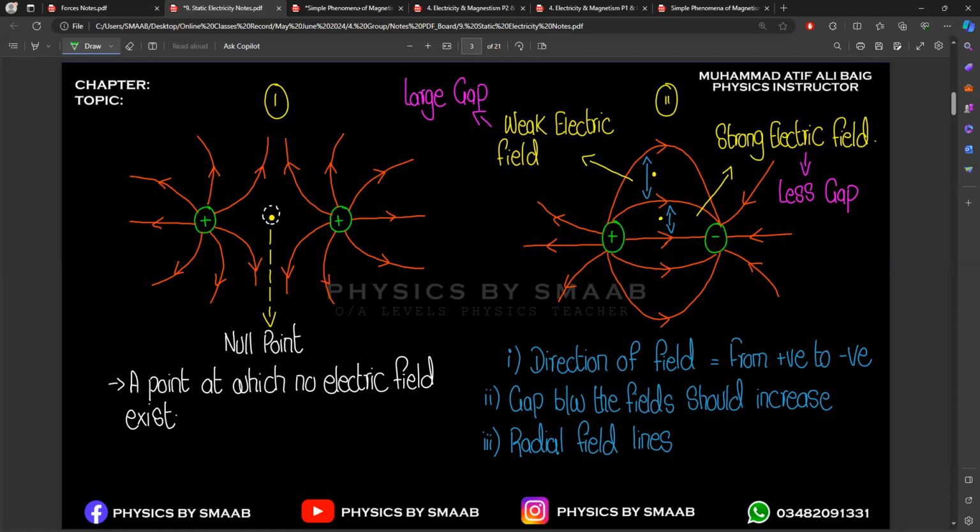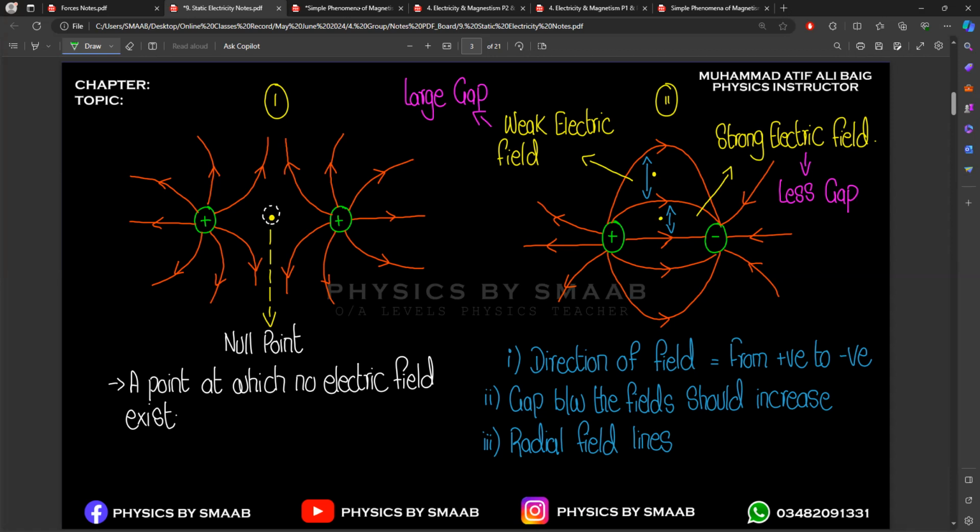When we place same charges close to each other, like positive and positive, they will make a field like this because of repulsion. The same copy-paste concept you have to use for magnets. If we place north and north in place of these positive signs, this will be the field line for the magnetic poles, right? Because north will always flow in the outward direction, so they will also make the same pattern.